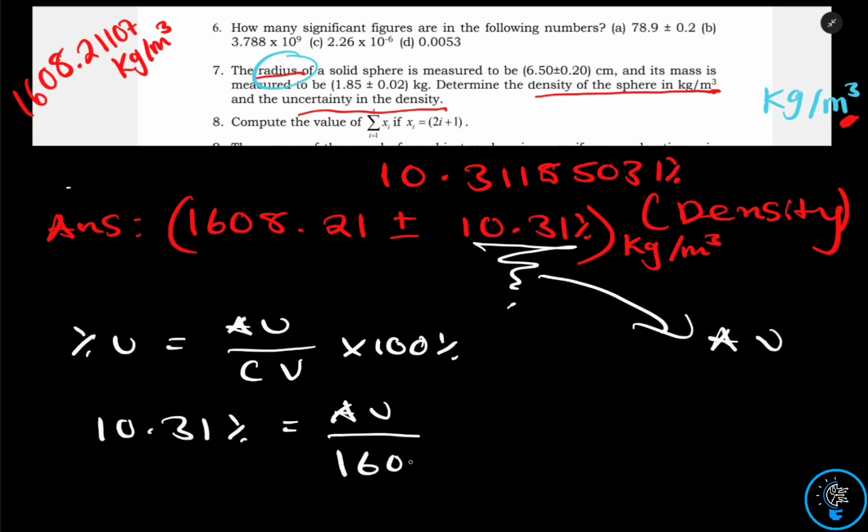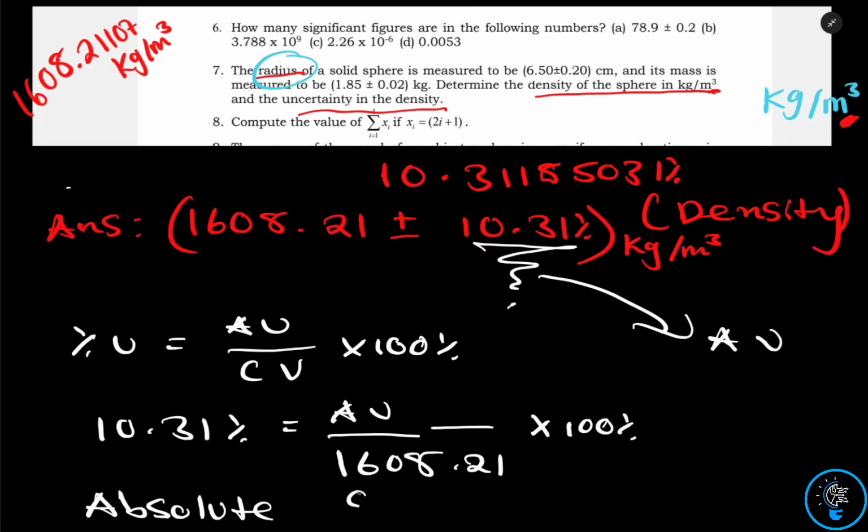The central value is 1608.21. To find the absolute uncertainty, we can say 10.31% times 1608.21 divided by 100. And the value will be 165.84.